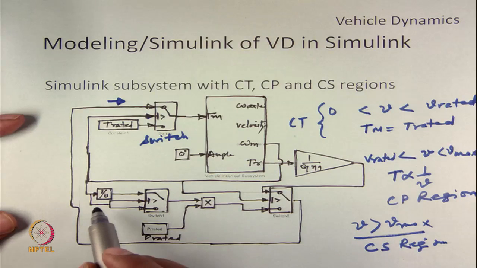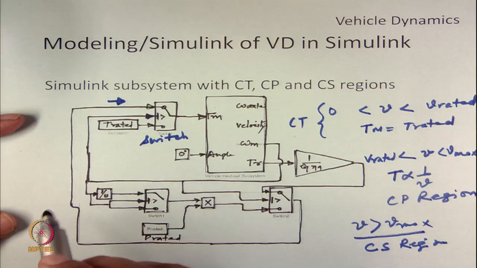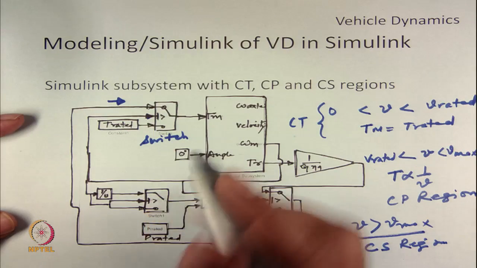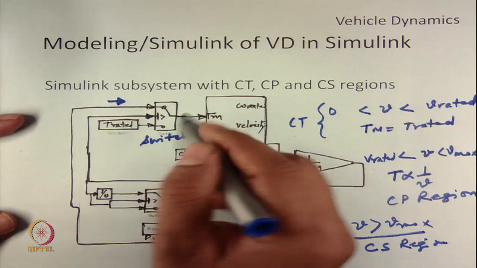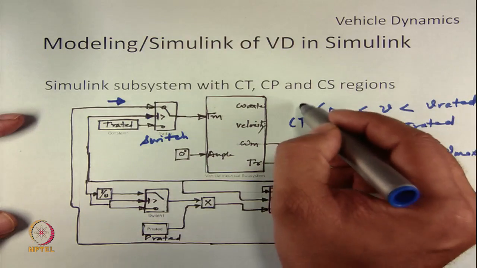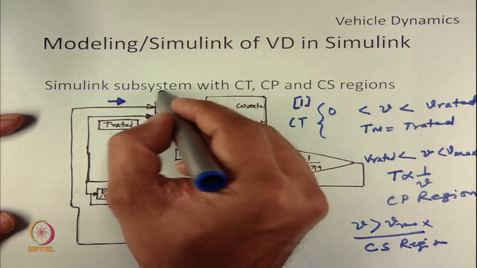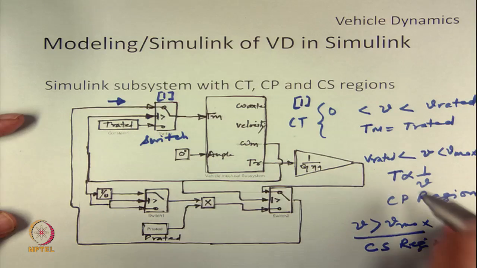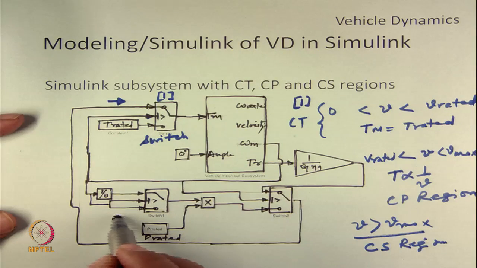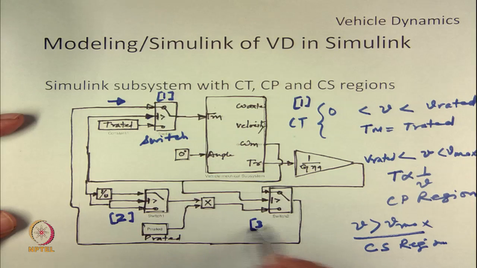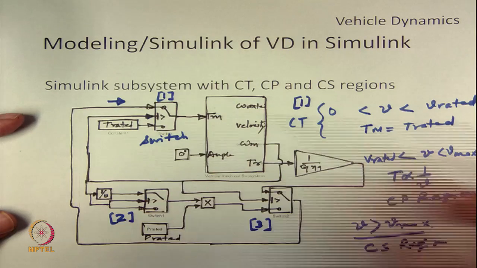So, P rated into 1 by u of omega m will now go as the torque input to the machine. So, let us say this block will be active, this is basically block 1. So, the constant power region is basically this switch block, and this is the constant speed block.